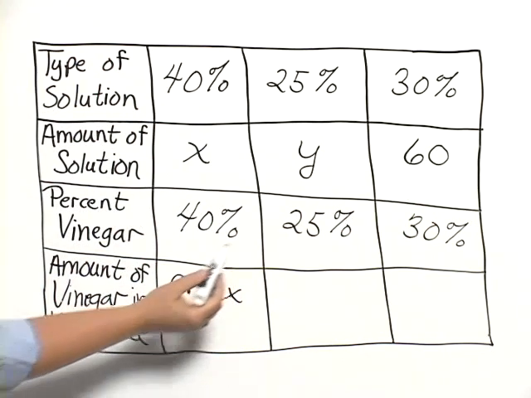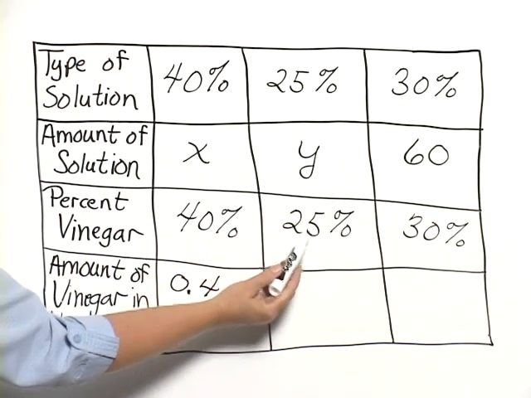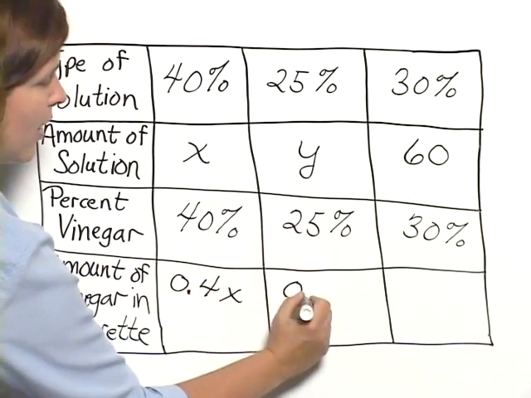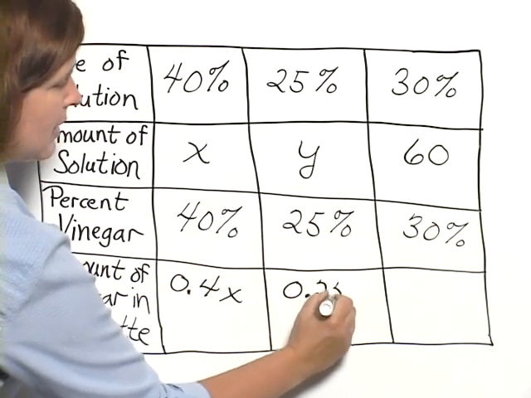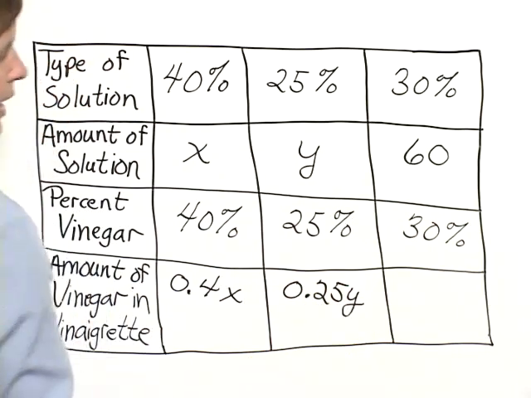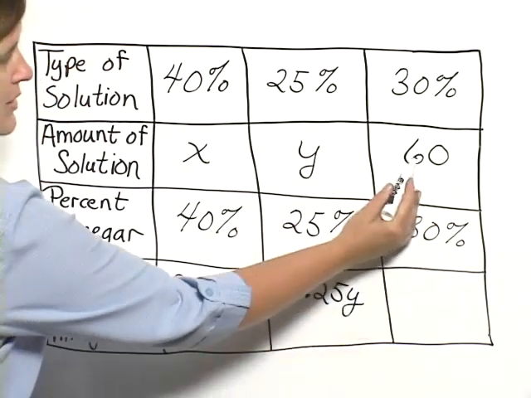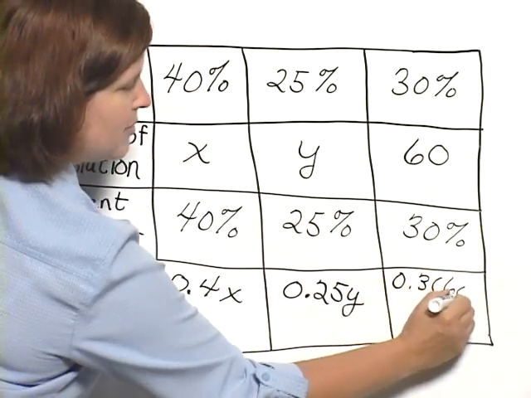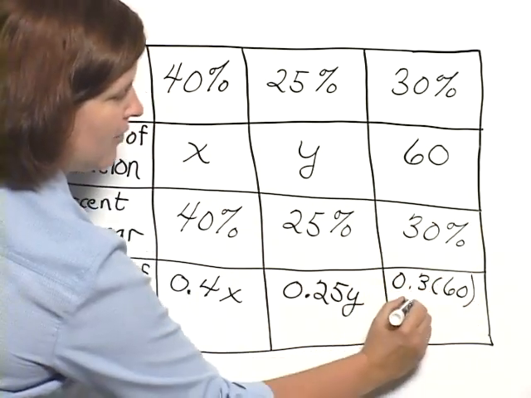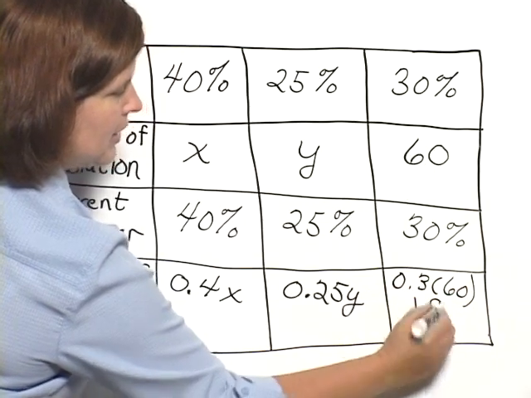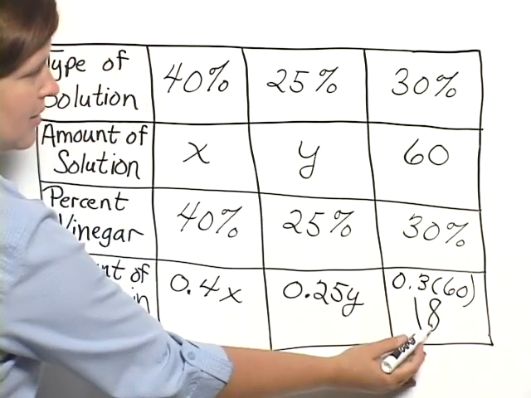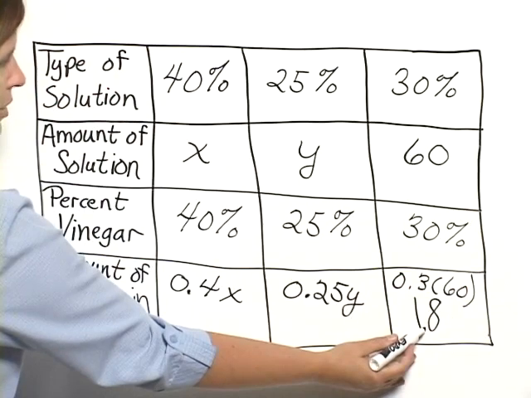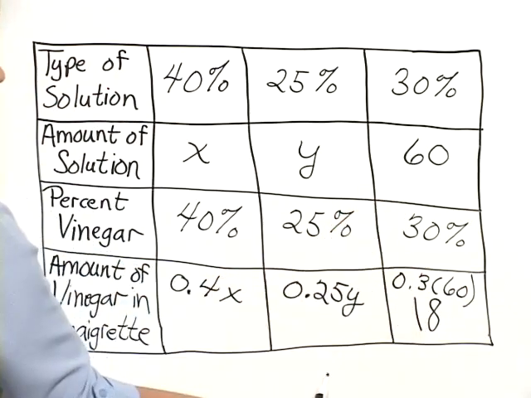And since this is 25% vinegar, we're going to have 0.25y. And here we'll have 30% of 60, or 0.3 times 60, but this we can multiply out and find that we have 18. So we're going to have 18 liters of vinegar, 60 liters of the total.